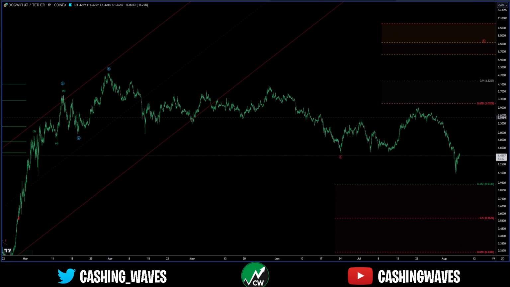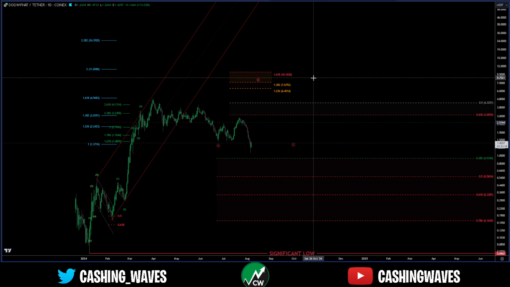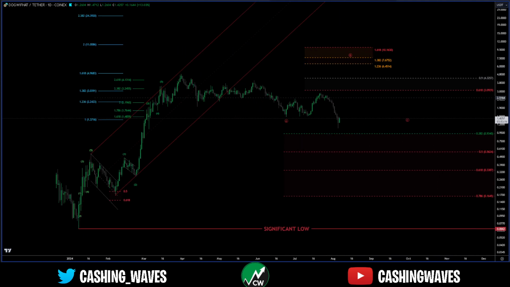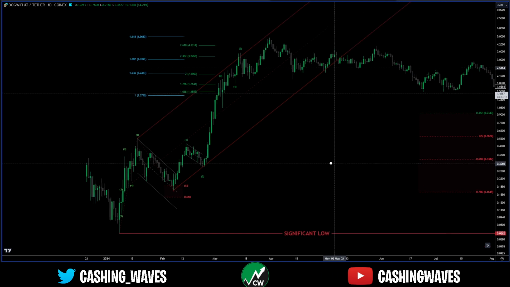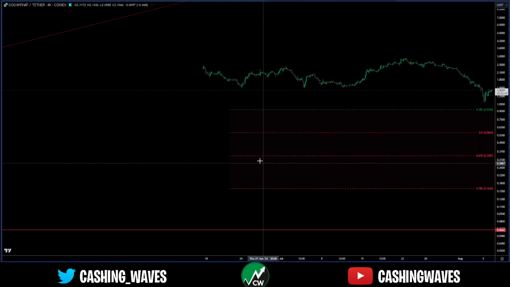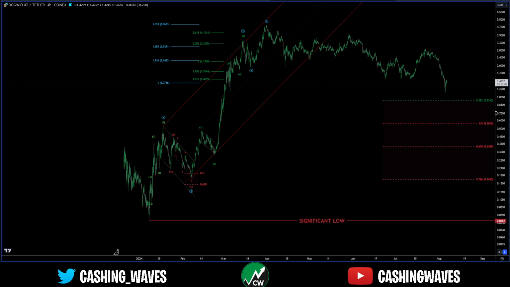about the larger time frame move. Now I need to do this in real time, do the update, but just to show you where we're at on a larger time frame, have this as a completed 5-wave move to the upside.